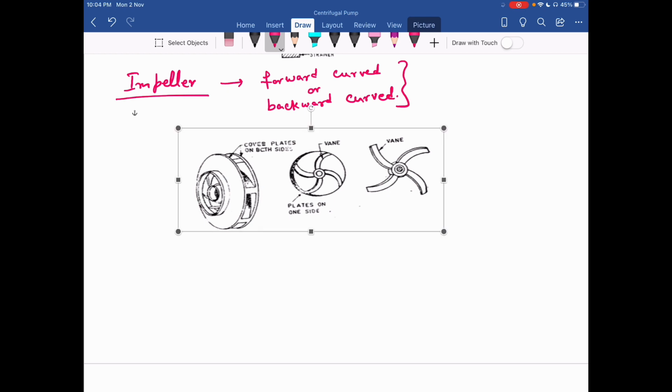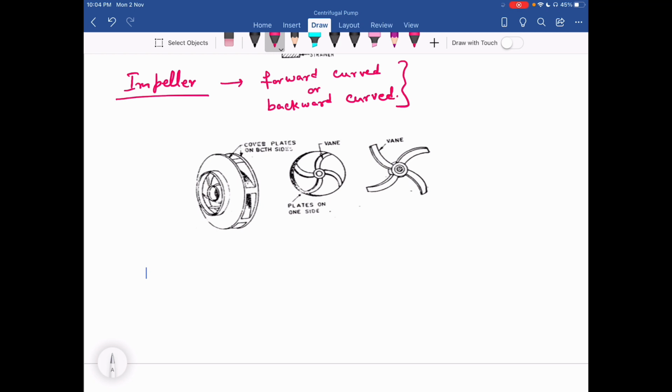Now you can see this diagram. So here we have three different types of impellers. Okay. So the first one is the closed impeller.